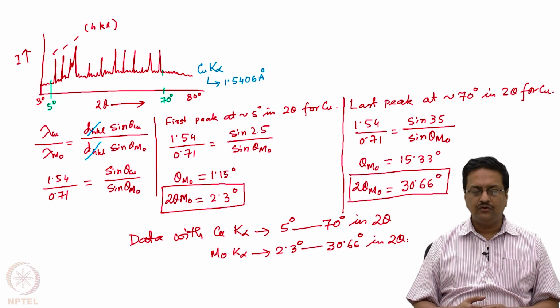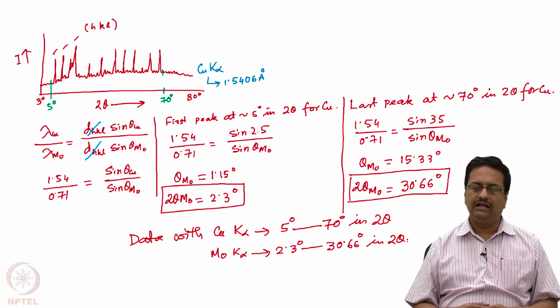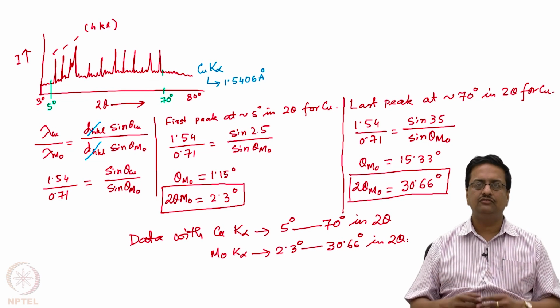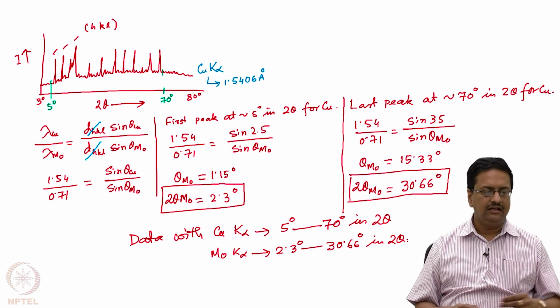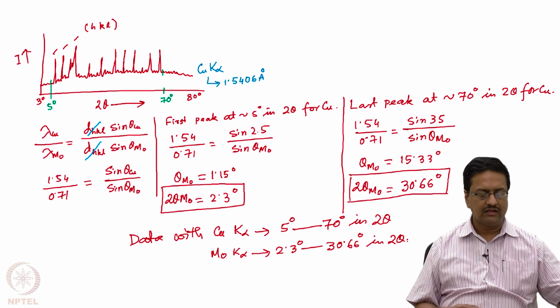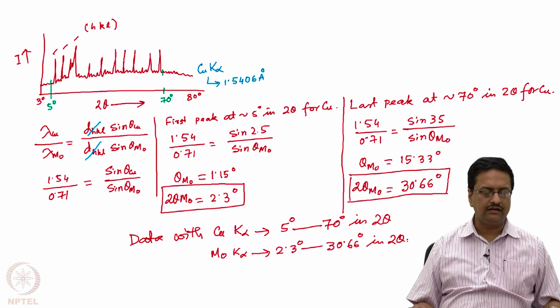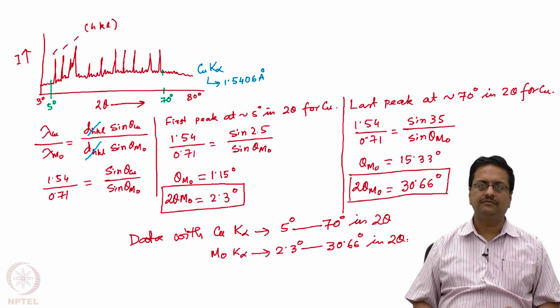So what we now know is that Bragg's law applies to a set of planes which we imagine to be inside the crystal lattice, and those planes contain a number of scatterers, which are responsible for X-ray diffraction.